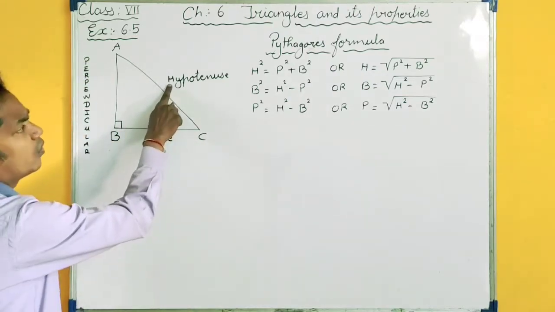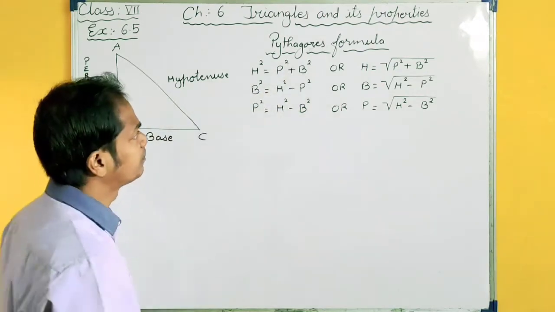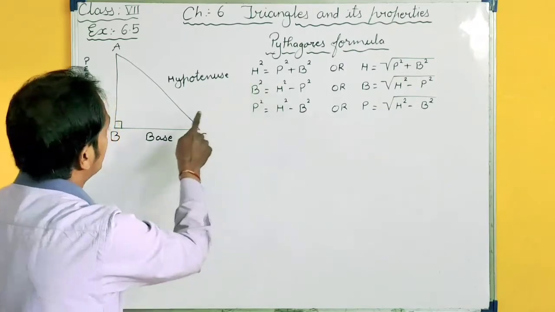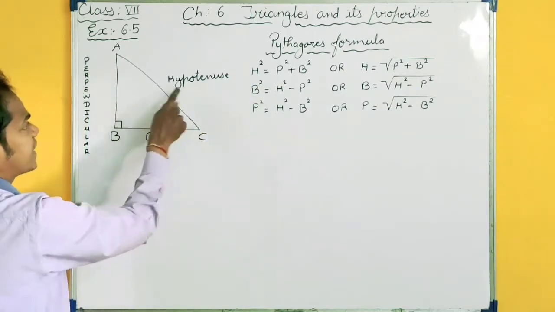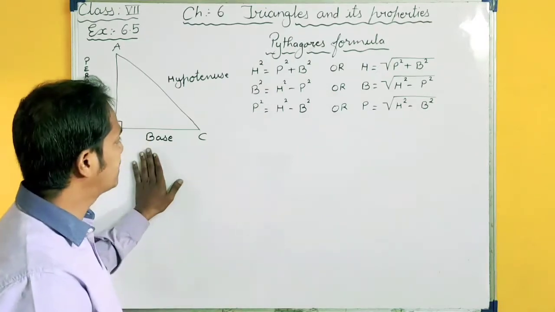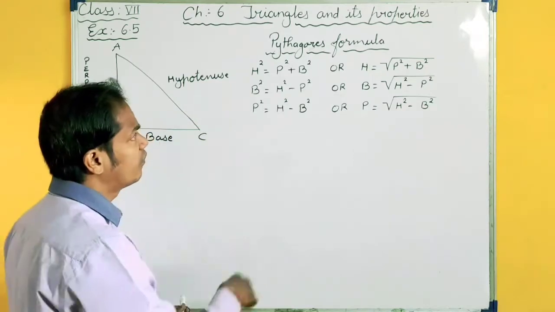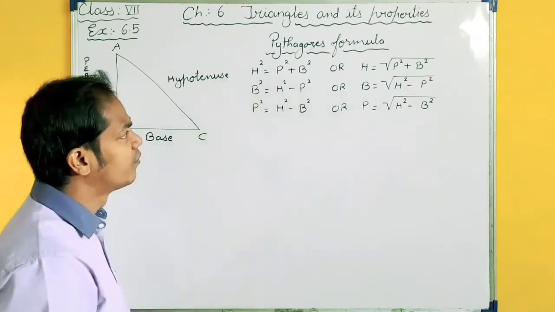Okay, so here I have written three formulas, that is called Pythagoras formula. Suppose if any side is missing, base, hypotenuse or perpendicular, how will you find it? You will find it on the basis of these three formulas.